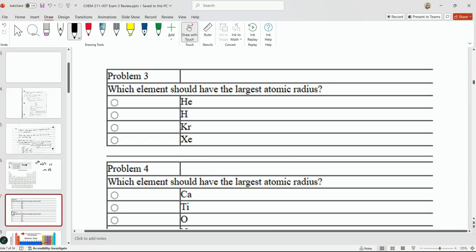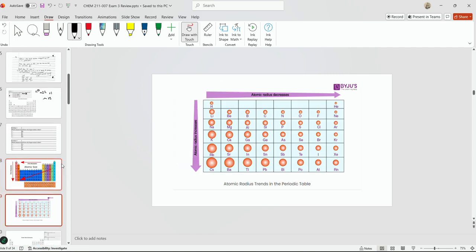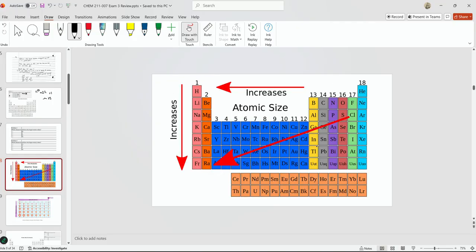Okay, cool. All right. So next we're going to look at which element has the largest atomic radius, right? For this question, we just look at the trend. So atomic radius increases in this pattern. In the periodic table, it increases going to the left.